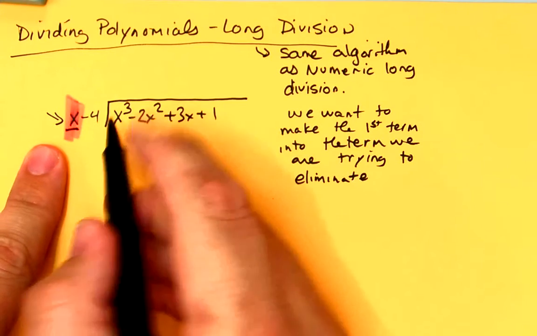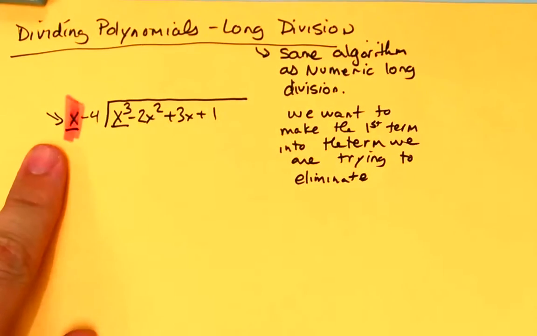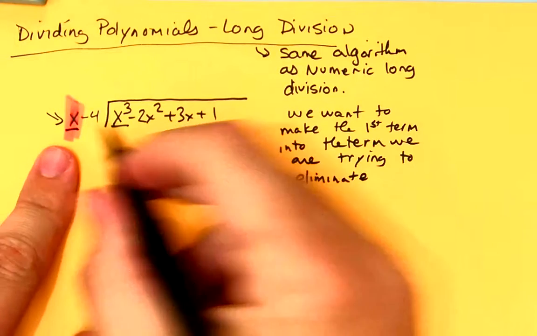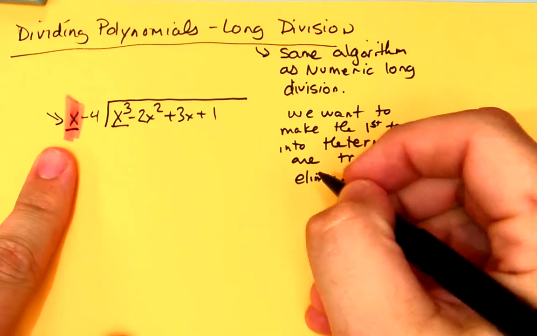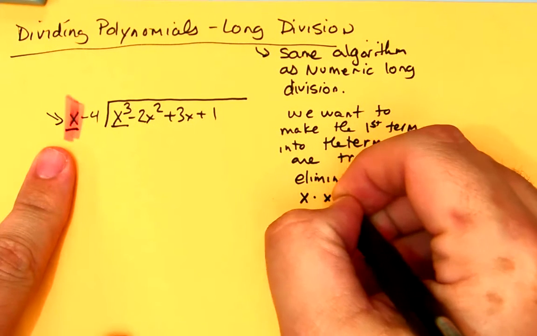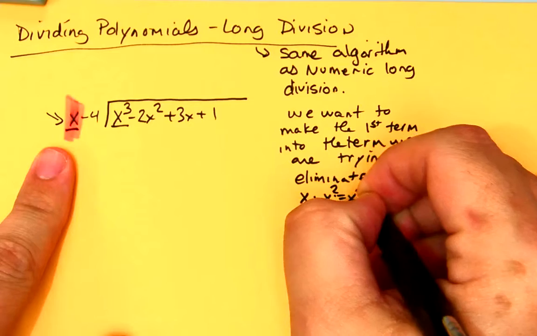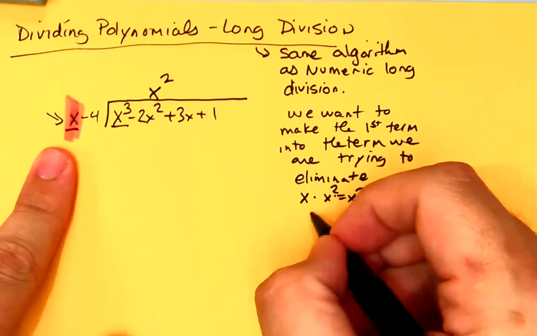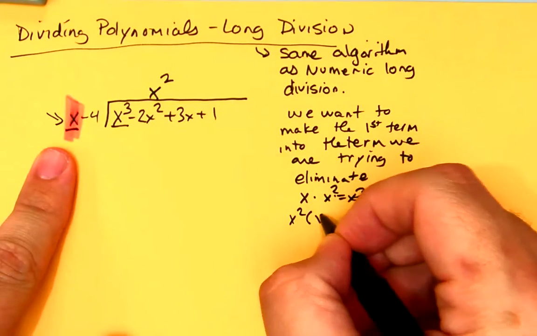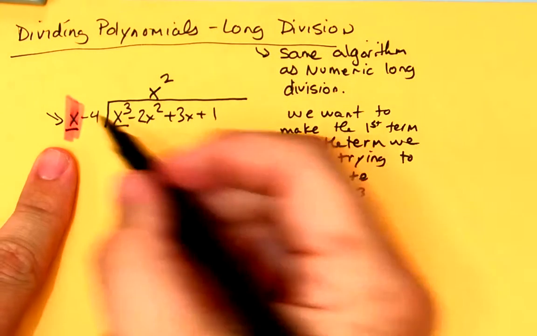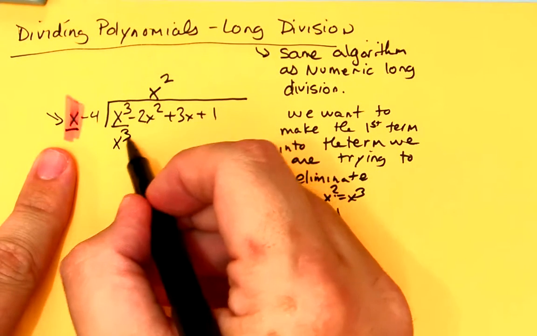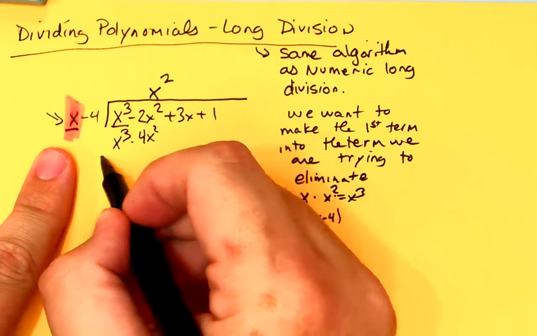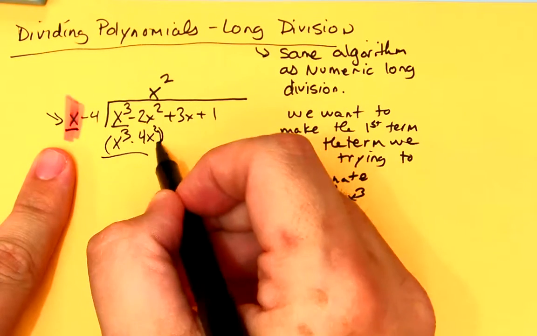So we're going to always start with the first one. So x cubed. What times x squared? I just gave you the answer, x times x squared is equal to x cubed. So I'm going to put that over the x squared column, and now I'm going to take x squared times x minus 4 and get x cubed minus 4x squared, and I'm going to subtract.